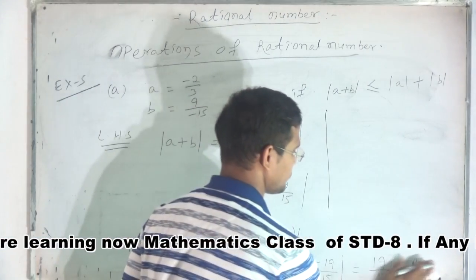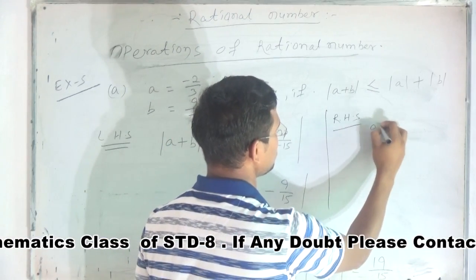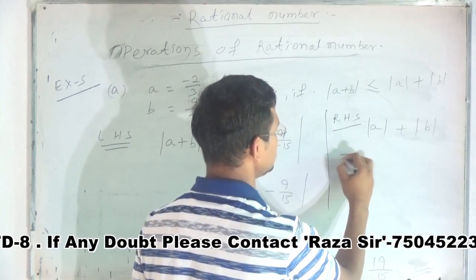Another thing, the RHS part, the absolute value of a plus the absolute value of b.